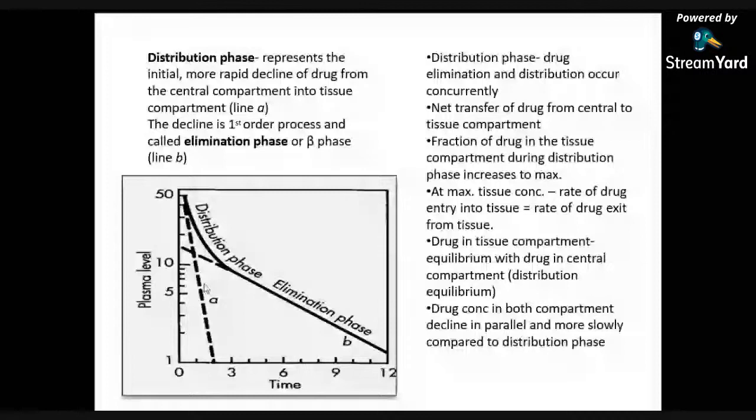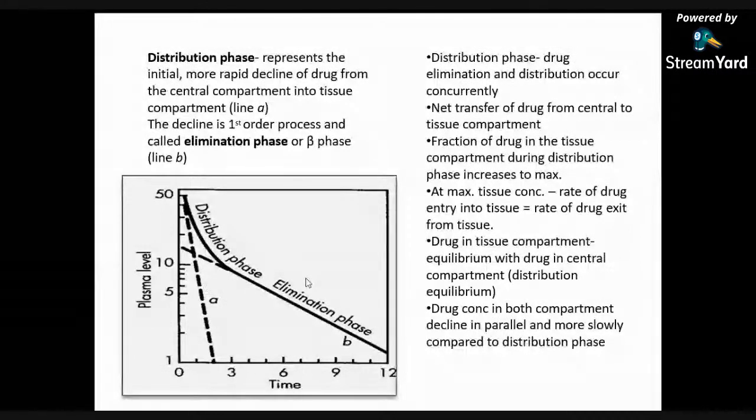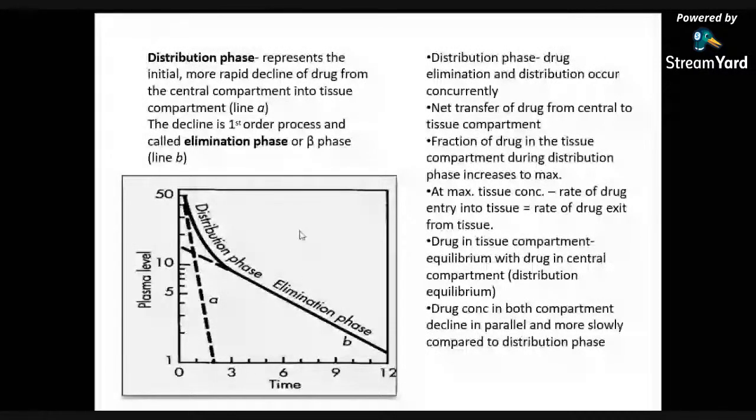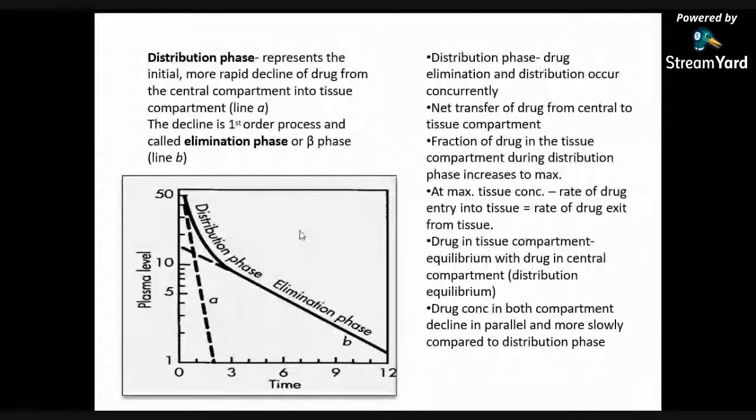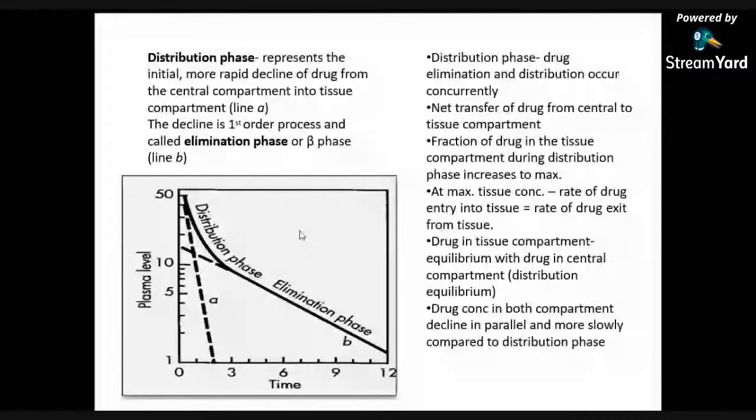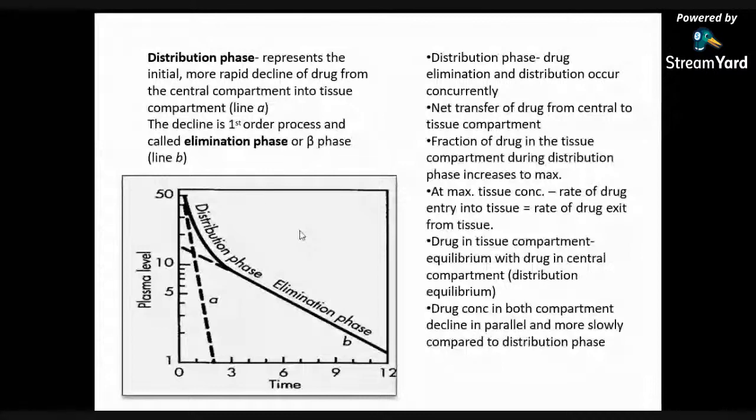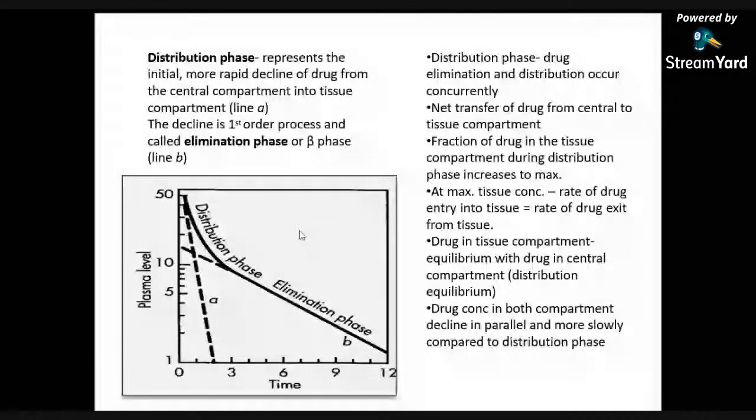From this graph we can say drug elimination and distribution occur concurrently, with net transfer of the drug from the central to the tissue compartment. The fraction of drug in the tissue compartment during the distribution phase increases to a maximum.